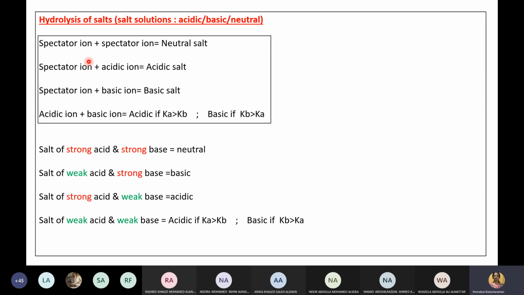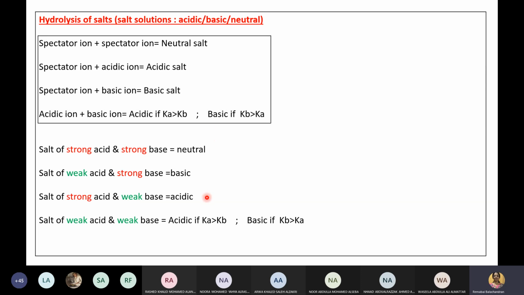If the spectator ion is paired with an acidic ion, the salt will be acidic. Or spectator plus basic, it is basic salt. If it is acidic and basic, it will be acidic if Ka is greater than Kb, and it will be basic if Kb is greater than Ka.